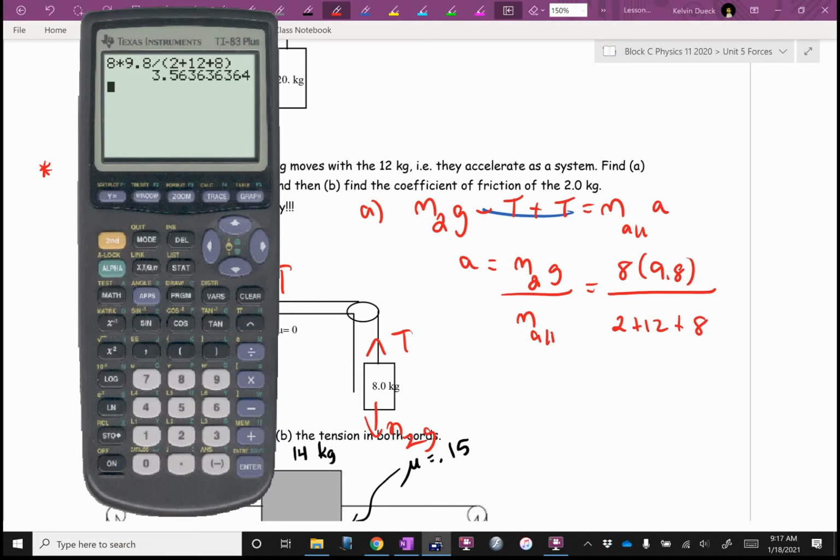And that's where the 3.6 comes from, 3.56 and then 3.6 repeating. I'll store this on my calculator, though.